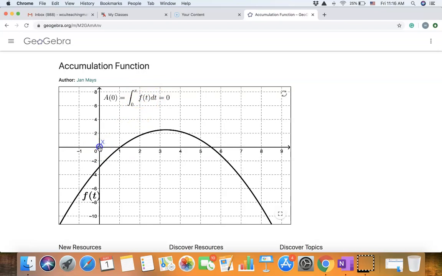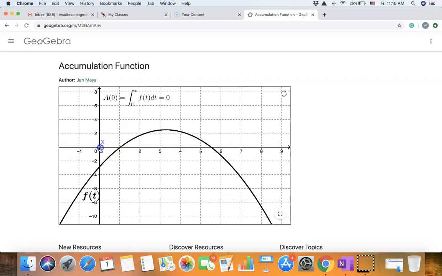At the beginning, when we increase the value of x, we will get some negative area, because this region is below the t-axis.